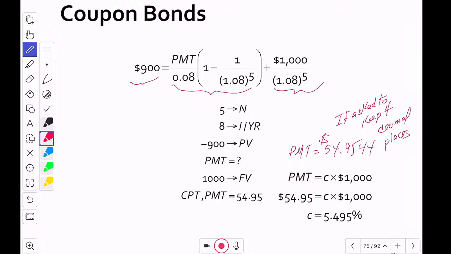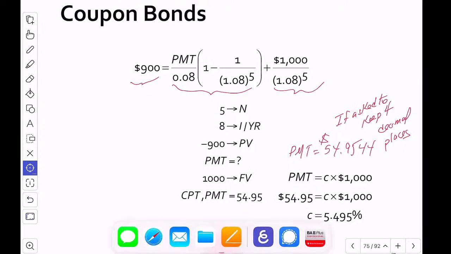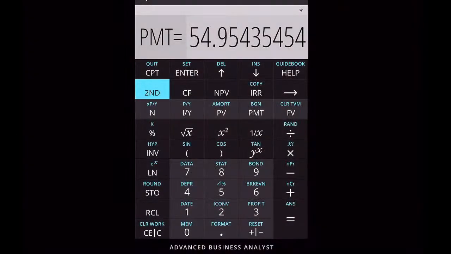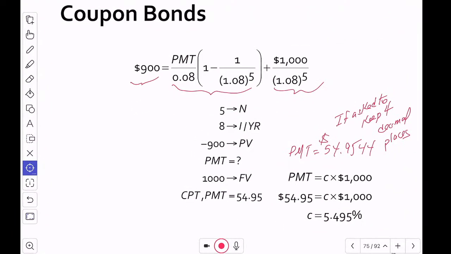In the notes, I just keep 2. You have to follow the instructions. 4-5? Was it 4-5? No, 4-4. All right.